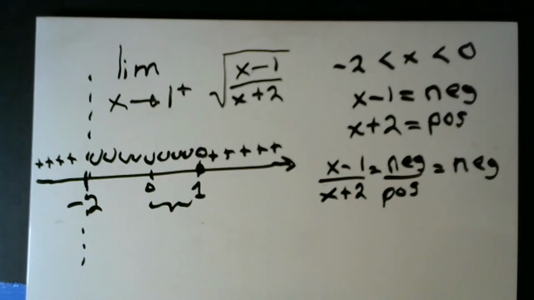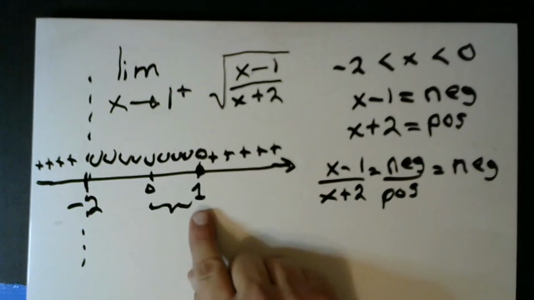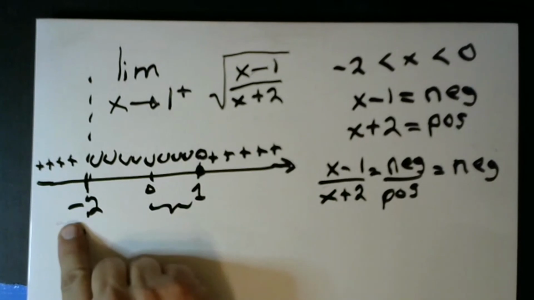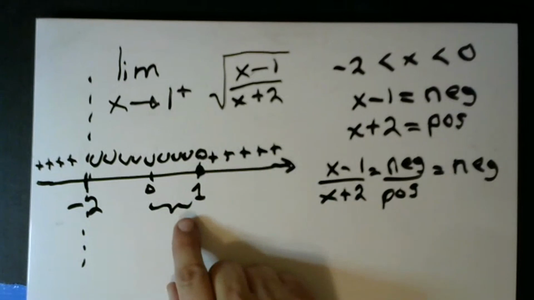So in this case, if we're trying to take the limit as x approaches 1 from the left, we can't get close to 1 coming from the left. The closest we can get is -2, and that's it. We can't get any closer than that.